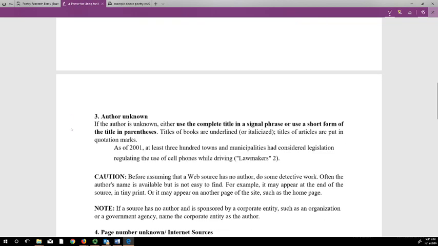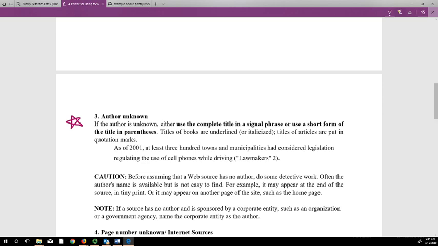Then, this next one, I'm going to put a star by because, believe it or not, this happens today. A lot of people, the companies they work for, the papers that they write are published anonymously.